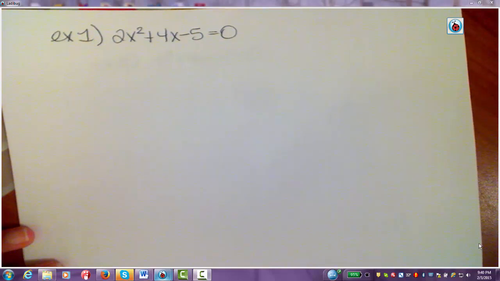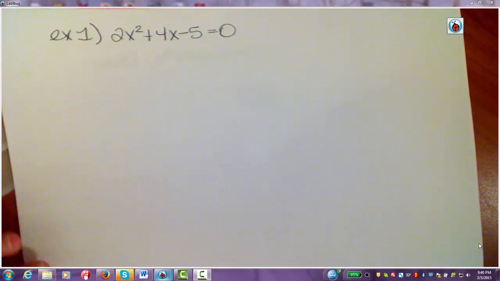Alright, so example 1, 2x squared plus 4x minus 5 equals 0. I like to start with writing down what my a, b, and c values are. So a equals 2, b equals 4, and c equals negative 5.